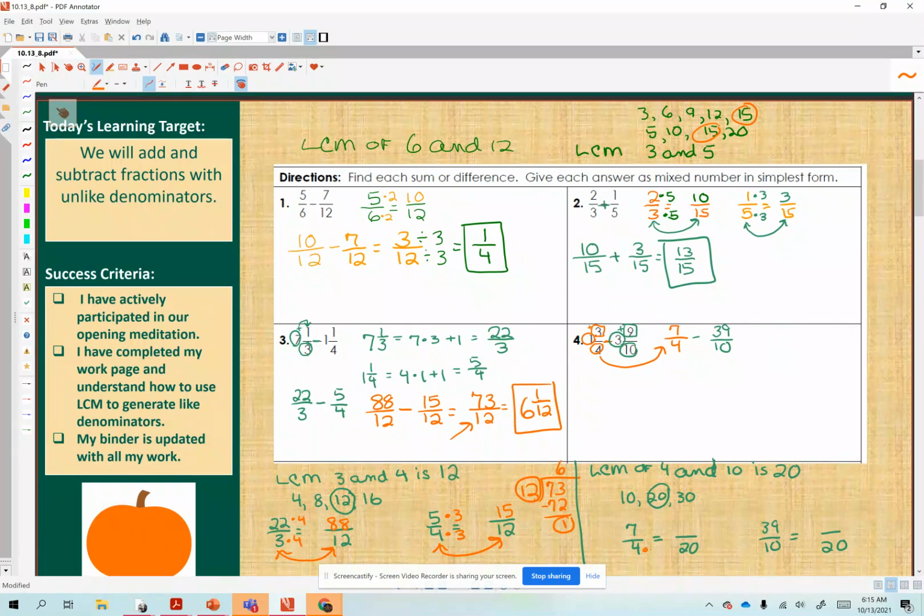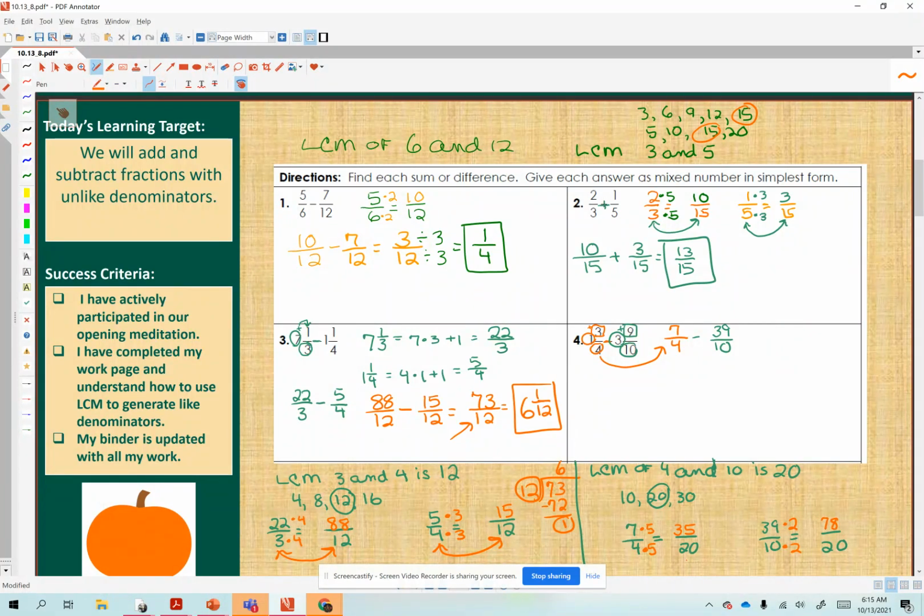I can multiply 4 times 5 to get 20, which means I'll multiply the numerator 7 times 5, which will give me 35. I will multiply 10 times 2 to get 20. So that means I will multiply the numerator by 2. And 39 times 2, you could do that in your head. You know that 40 times 2 is 80, and 2 less would be 78.